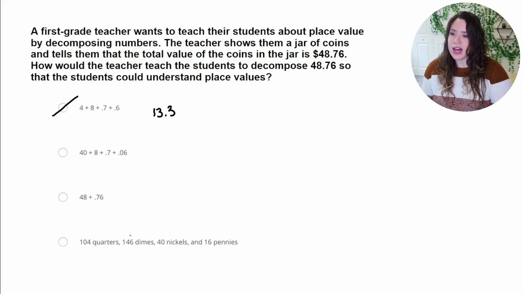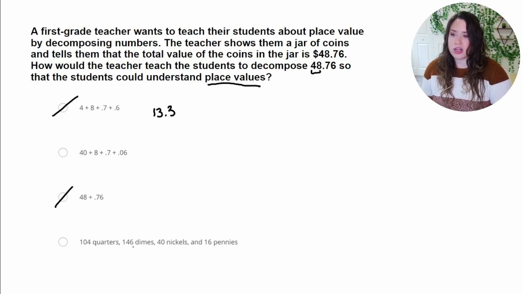As we look at some of these other options, we want to think about how to properly decompose the number. And just like the first one, we want to break it down into each of its place values, as it indicates here. And so in option 3, they combined 2 place values when they did the 48 as well as the 0.76. So that is not going to be the correct answer.